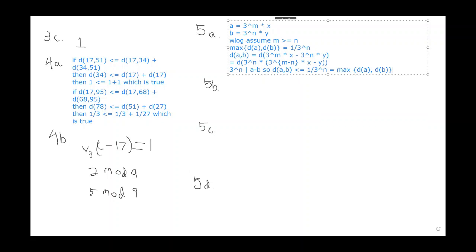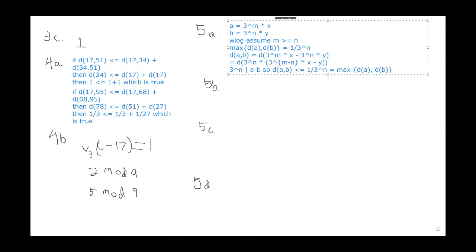All right, we also have 5b. Very good. Let's take a look. So max of d of a, d of c is less than or equal to the max of d of a, d of b, and d of c. That is clear, correct?